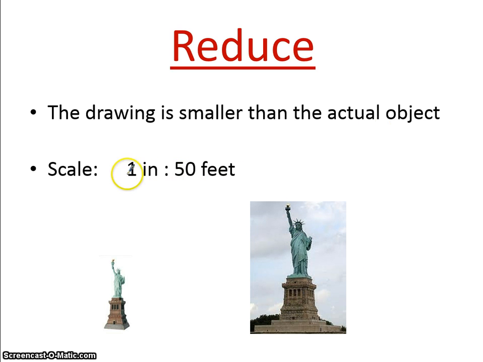If you look at the scale, 1 inch, which is about the width of your finger, maybe a little bigger, is 50 feet, which is probably wider than the classroom. So you can see that the scaled size is less than the actual size. When you see the scaled size less than the actual size, you will know that it is reducing the size of the object.